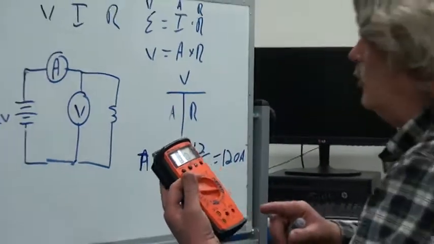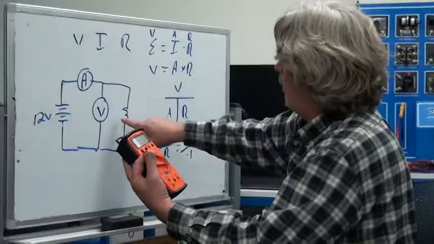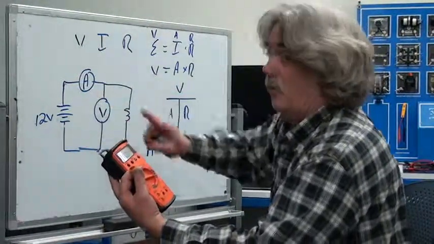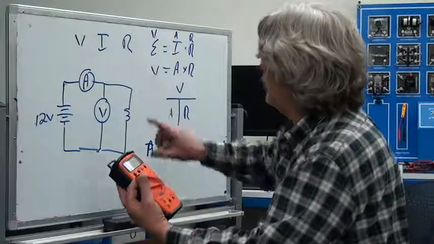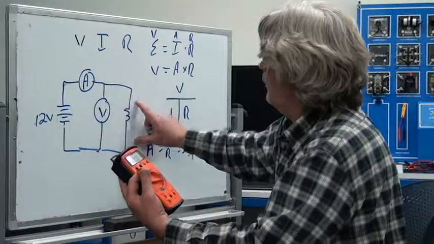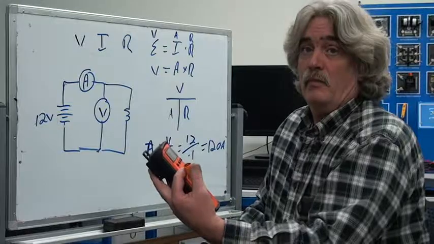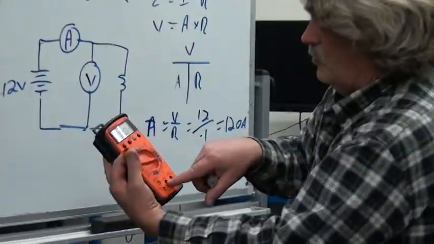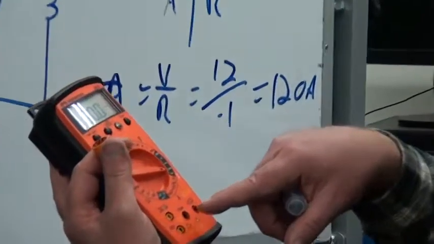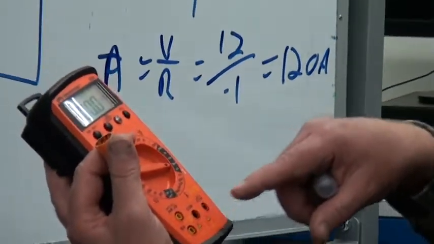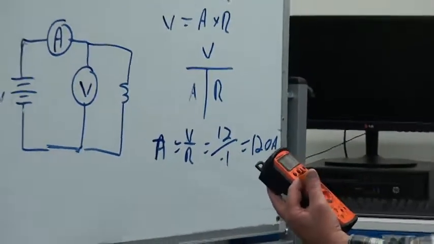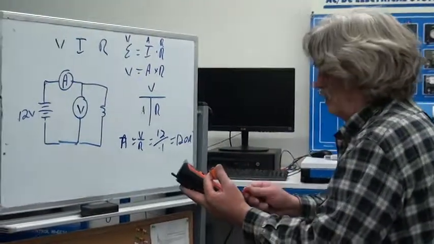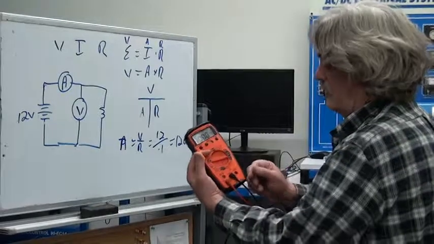So make sure when you're measuring current that you have a load in the circuit and the amp meter is in series with the load. And when you want to measure voltage, your voltmeter is in parallel with the load. And make sure the meter's leads are connected to the right input jacks. Now, if you put this on amps and you plug the meter leads into the wrong holes, hopefully this meter will alert you and tell you that you're on the wrong range.